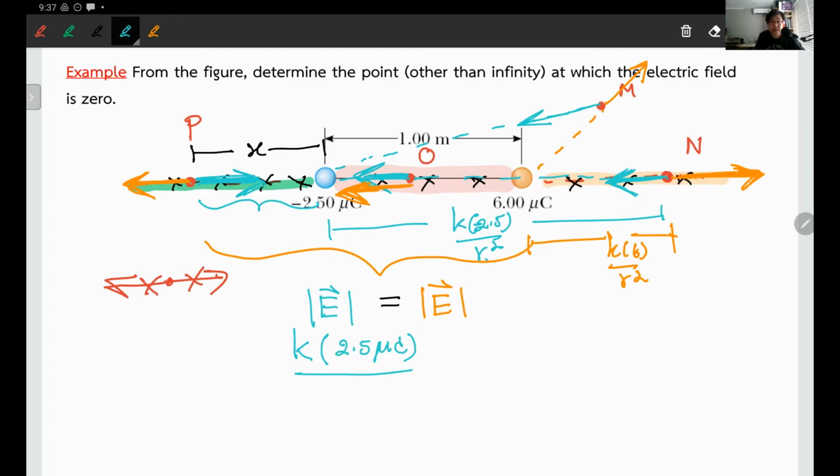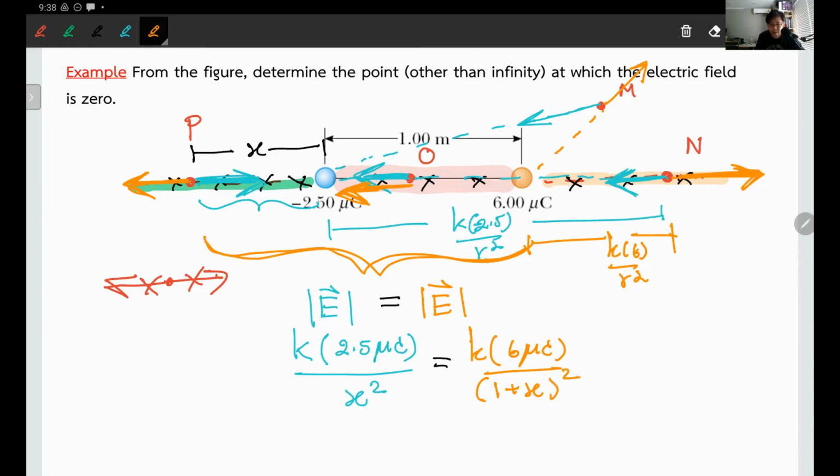Point P is x away from the blue charge. It's going to be x squared. And this is supposed to be equal to the electric field from the orange charge. It's going to be K. The distance now is going to be x plus 1. You guys with me? The total distance over here is x plus 1. So that's good. The charge is 6 microcoulomb, divided by (1 plus x) squared.